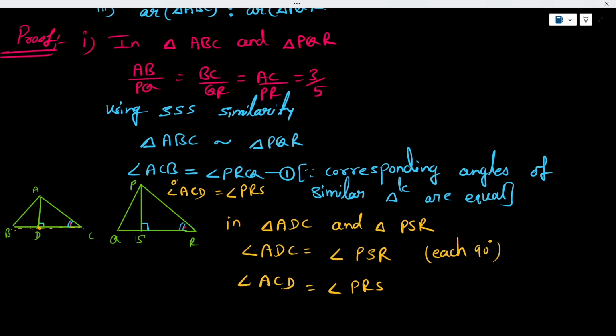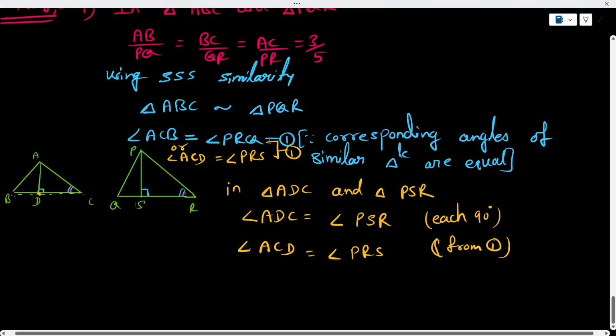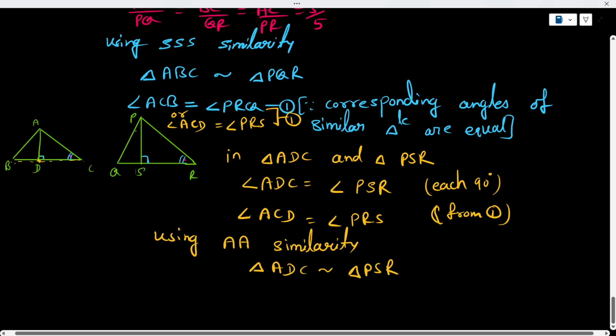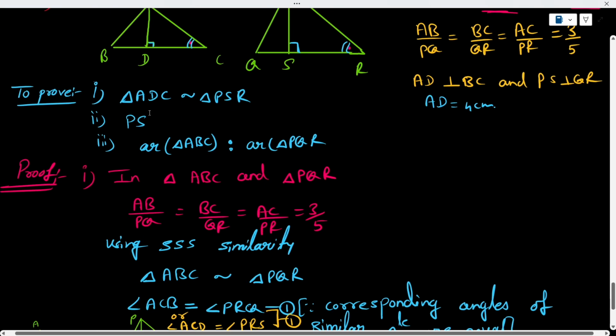So you can write down here from the first equation that result you are getting this. Now which similarity criteria are you using here? You need to mention the criteria also. AA similarity, if I take it here, triangle ADC is similar to triangle PSR. Our first part is done. If you see, to prove here, what was the first part? We already got here first part.